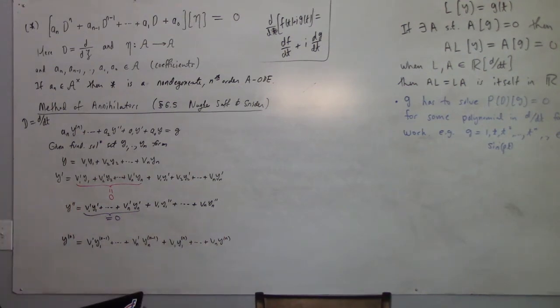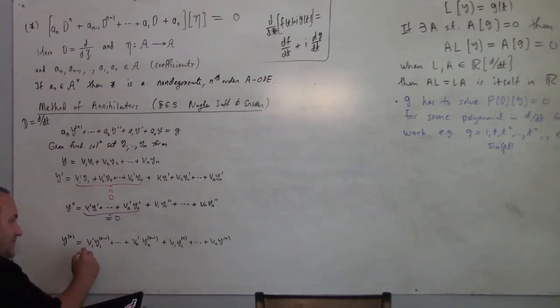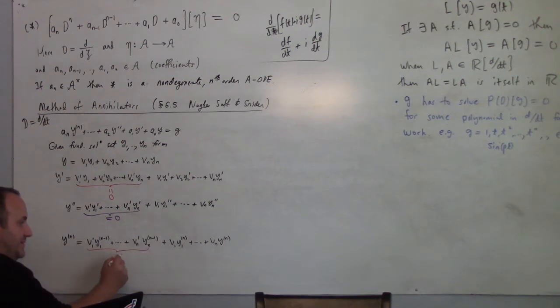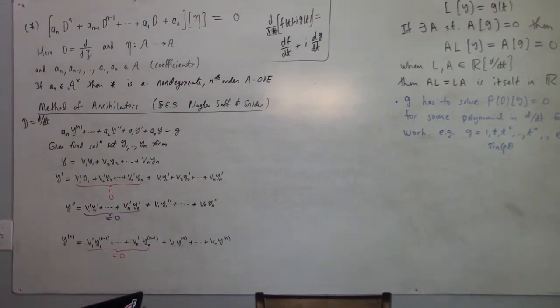And again, we're just going to assume these terms over here are equal to 0. So if you're keeping score, we have now imposed n conditions on the derivatives of v1 through vn.